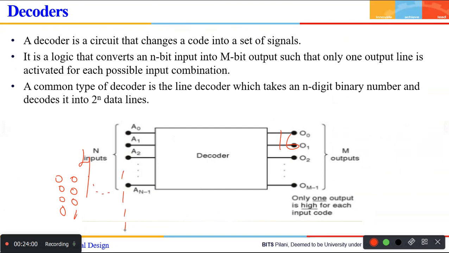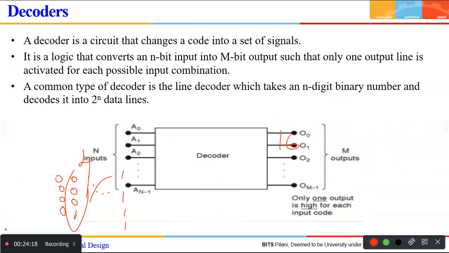Now, to make the effect of running light in 16 LEDs, continuously supply the combinations 0, 0, 0, 0, then 0, 0, 0, 1, and so on up to 1, 1, 1, 1. So what will happen? First, when you supply the first input, one LED will glow and the other LEDs will be off. When the next input is supplied, the next LED will be on and the others off. Like that, the LEDs will glow one by one.